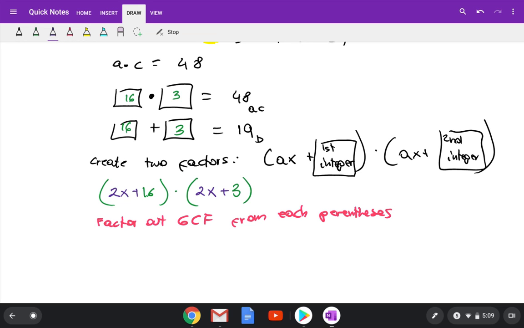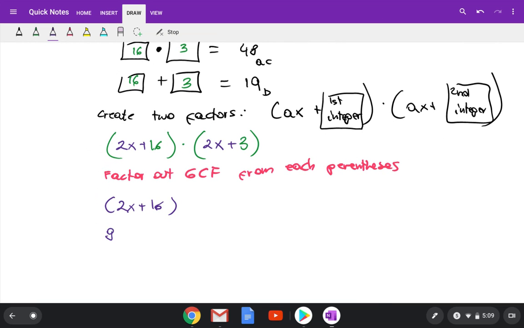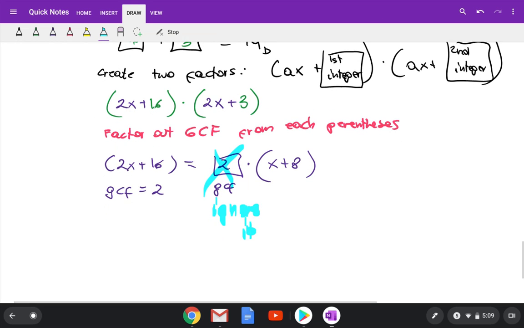So we're taking that 2x plus 16, and we're going to factor out 2, which is the GCF, and that will give us x plus 8. When you find that GCF, don't forget that we ignore it. So you're only going to keep x plus 8.